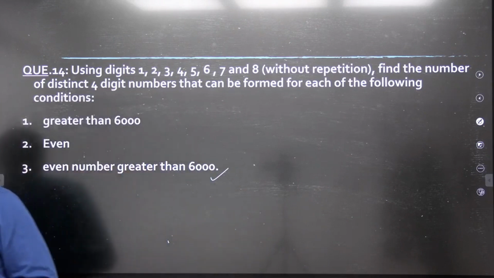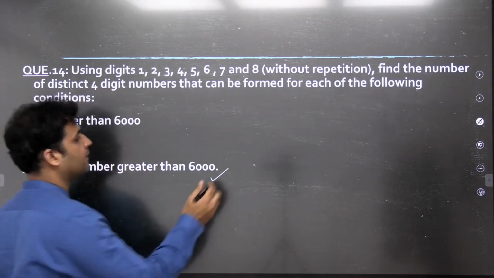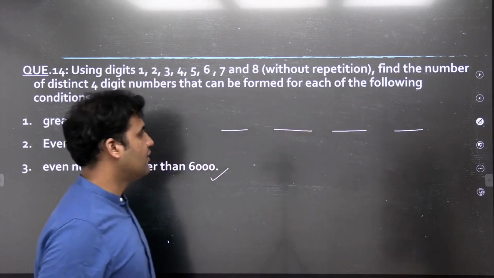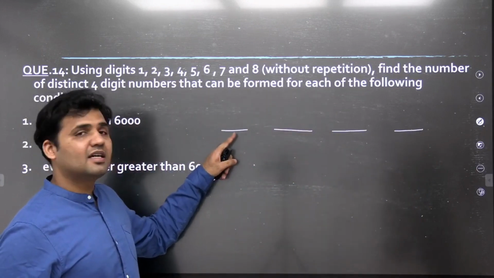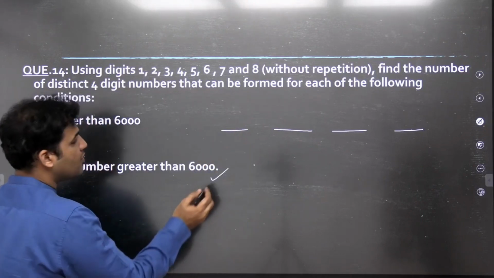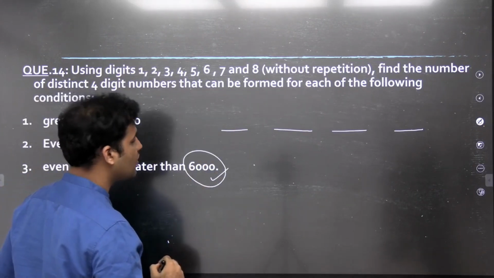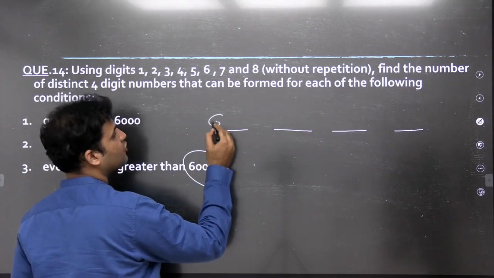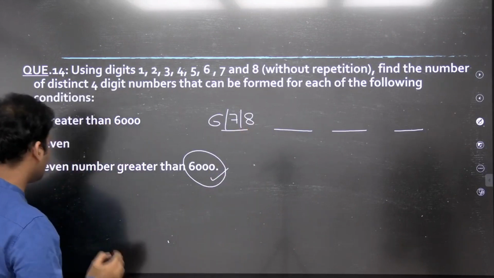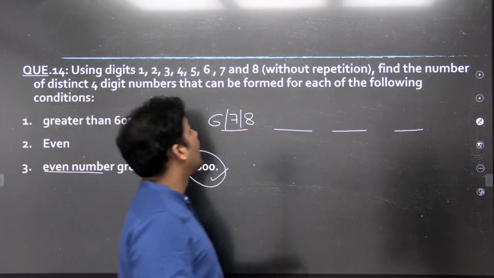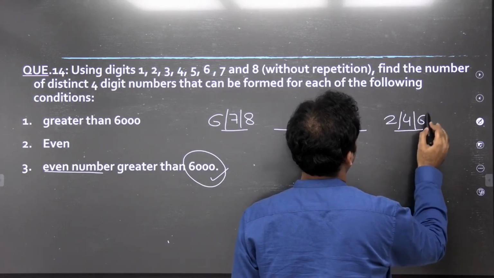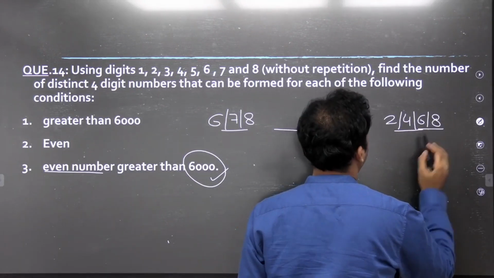So, how will you solve these types of questions, guys? See, whenever you are supposed to satisfy 2 conditions, first of all, let's see what are the digits that I need to place to satisfy both conditions. To make sure the number is more than 6,000, I have to place 6, 7 or 8 here. And to make sure the number is even, I'll have to place 2, 4, 6, or 8 over here.